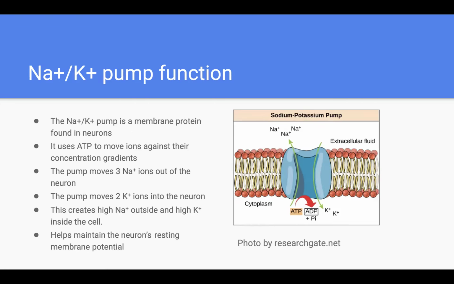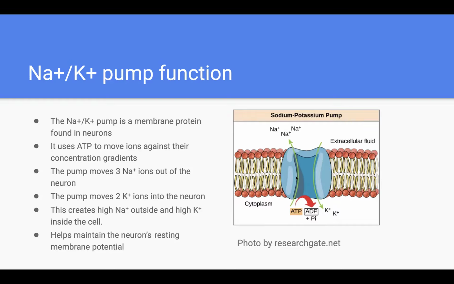One of the big things we need to go over when we talk about this topic is the sodium and potassium pump function. The sodium and potassium pump is a membrane protein found in neurons. It uses ATP to move ions against their concentration gradients. The pump moves three sodium ions out of the neuron, and the pump moves two potassium ions into the neuron.